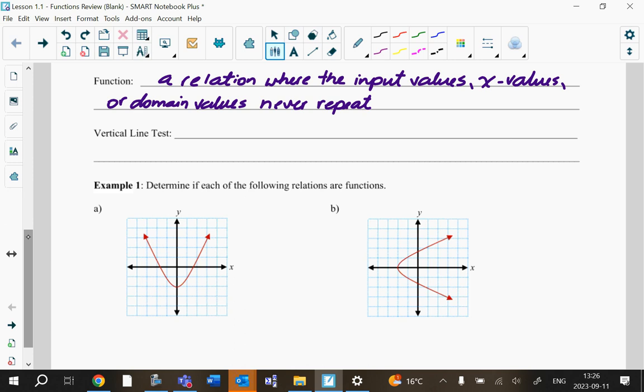It is. If you can't draw a vertical line through more than one point, it is a function. So for example, let's just look at these two. What's the x value of this point here? That's the y value, 0.